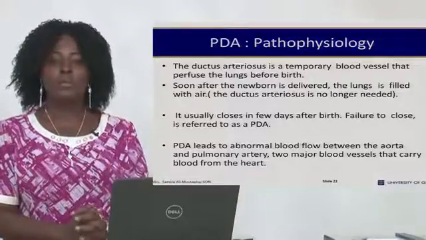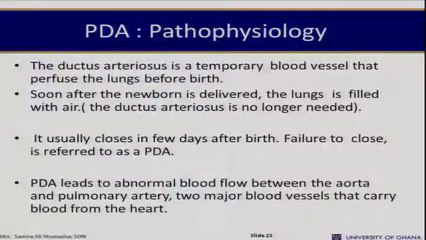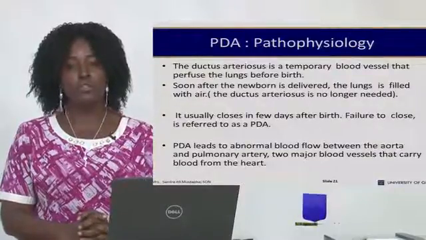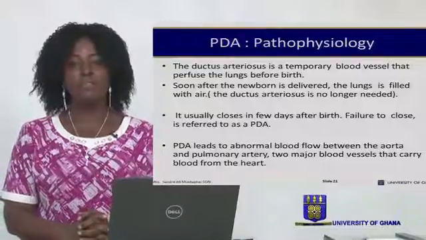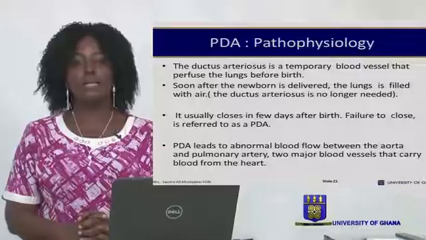So pathophysiology, we are saying that it's a temporary structure that should close, but it doesn't, and it affects perfusion to the lungs. Ideally, during birth, the lungs are not functional, so it's there to help with the perfusion of the lungs. But after delivery, when the child resumes normal breathing, it's no longer needed.